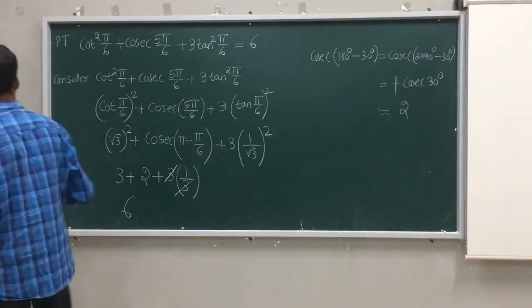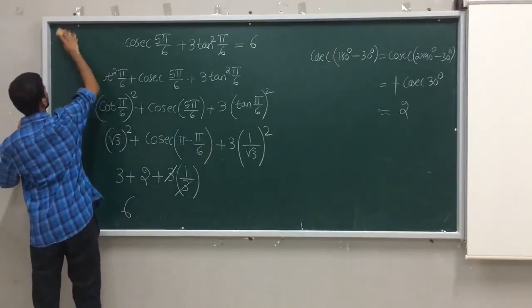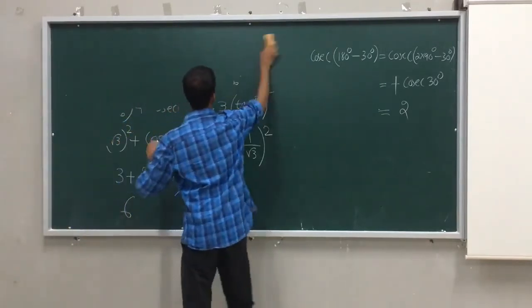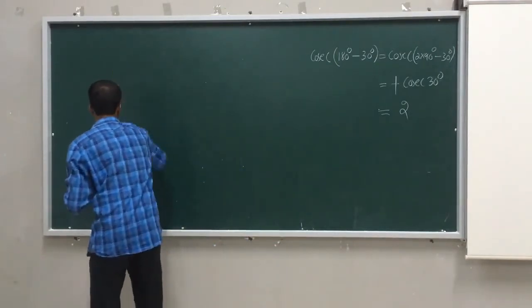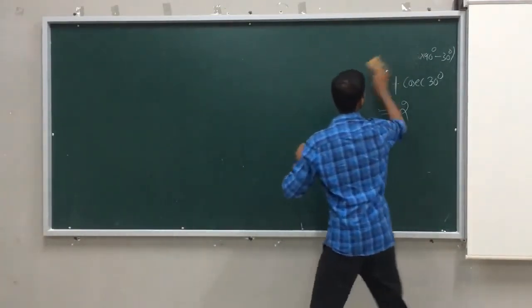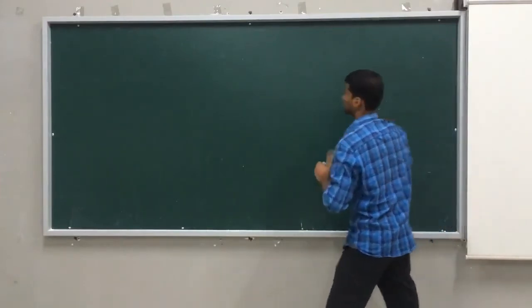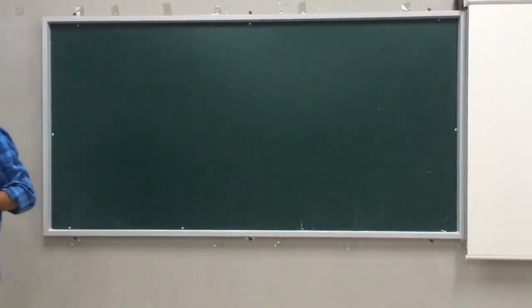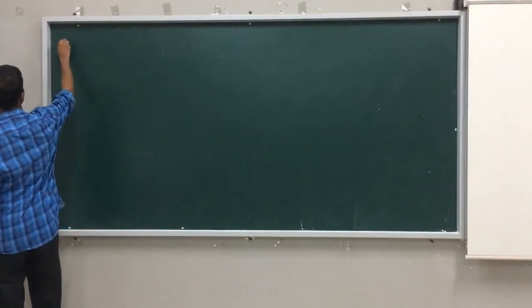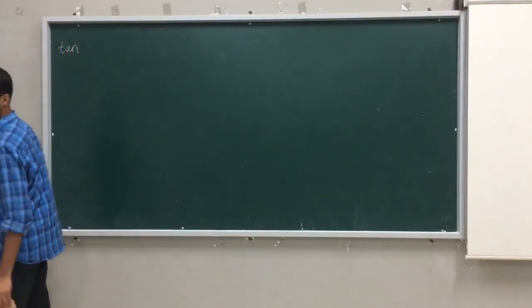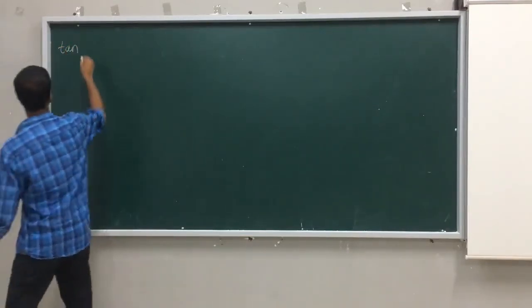Now let me take another question. Find the value of tan of 13 pi by 12.